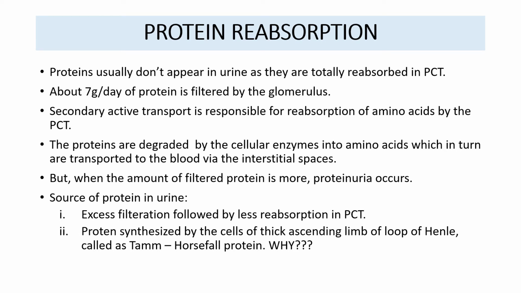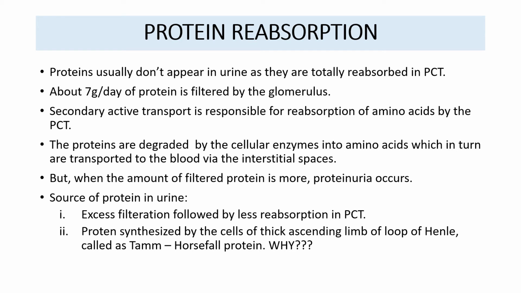But when the amount of filtered protein is more than 7 gram per day, then proteinuria occurs. So, if you come to know there is protein in urine, then you have to suspect there are two sources of protein in urine.